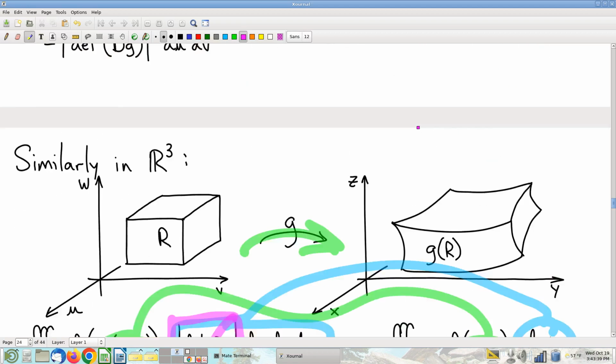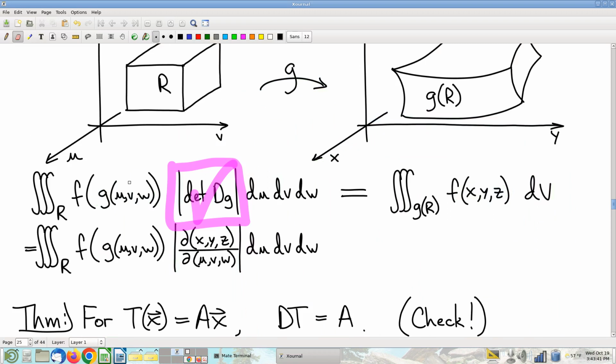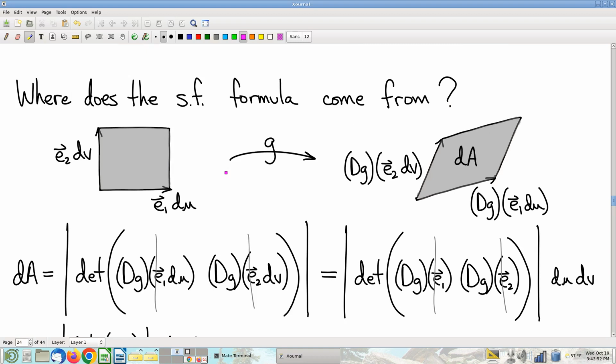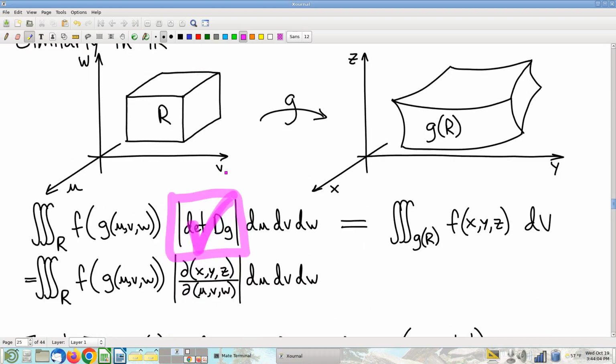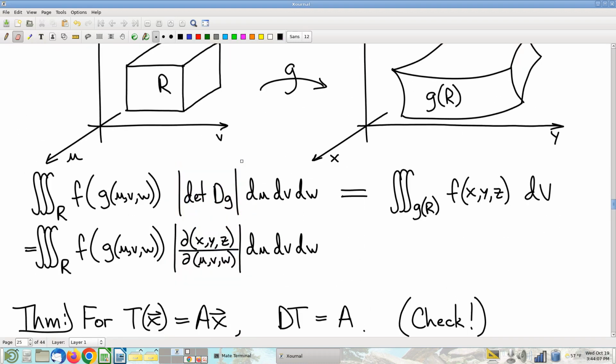So, your ability to make sense of, to justify this being the formula for the 3-dimensional stretching factor is a nice little test of how much you understand this argument about the 2-dimensional stretching factor. And again, as you go through the argument, feel free to rely heavily on what we have here in the 2-dimensional case.